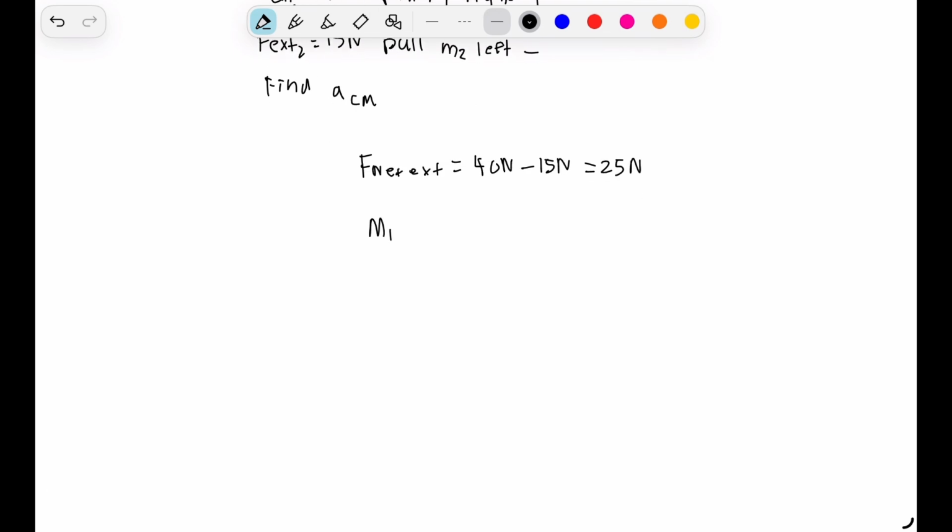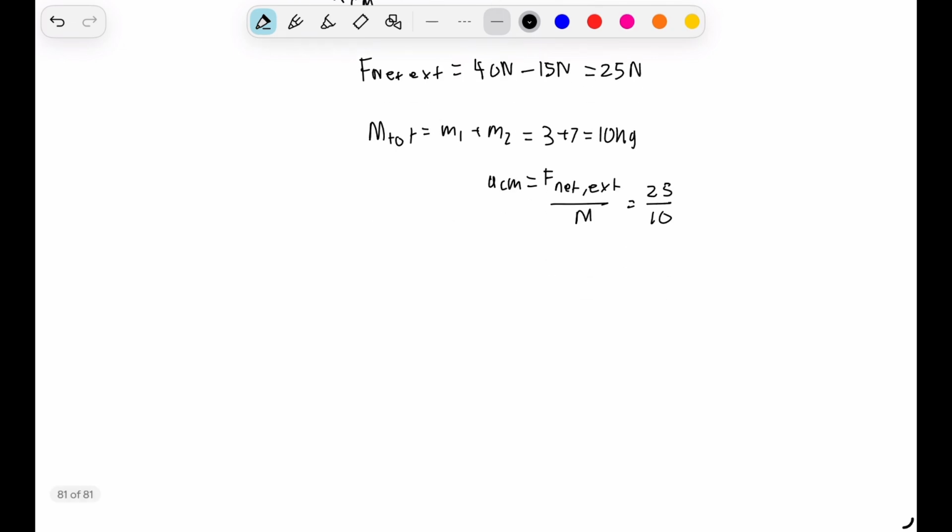So our total mass is M1 plus M2, which is 3 plus 7, which is 10 kilograms. Our acceleration of the center of mass is your net external force divided by M, equal to 25 over 10. We get 2.5 meters per second squared to the right.